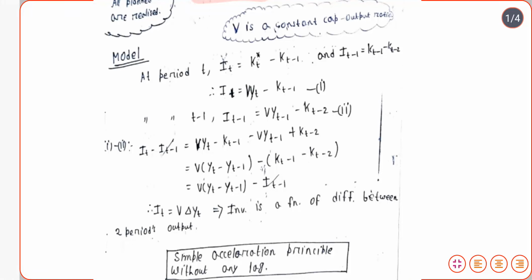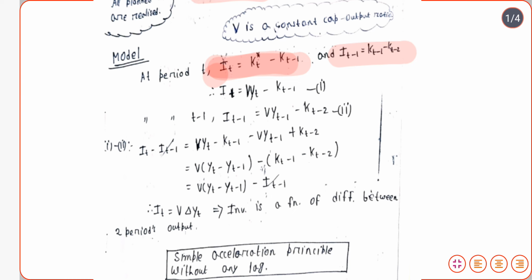So it is equal to kt star minus kt minus 1. Similarly, it minus 1 is equal to kt minus 1 minus kt minus 2.